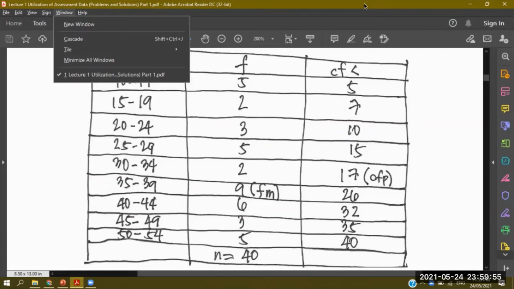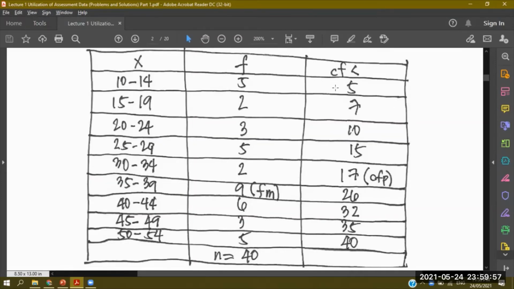We have our 5 here. So yung frequency natin 5, so you have to place it here, 5. 5 plus 2, 7. Okay. And then 7 plus 3, you have 10. 10 plus 5, you have 15.